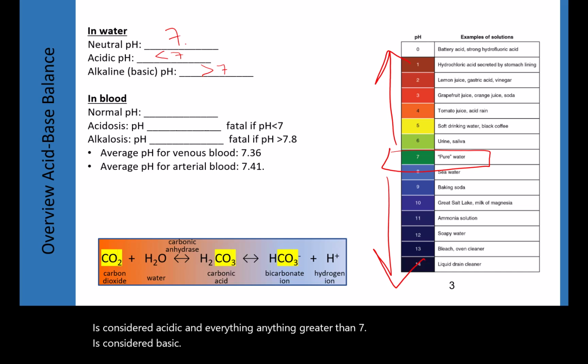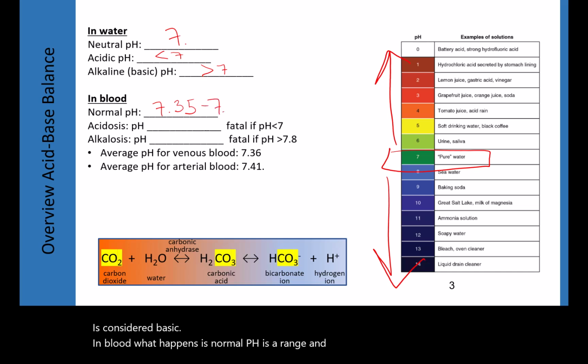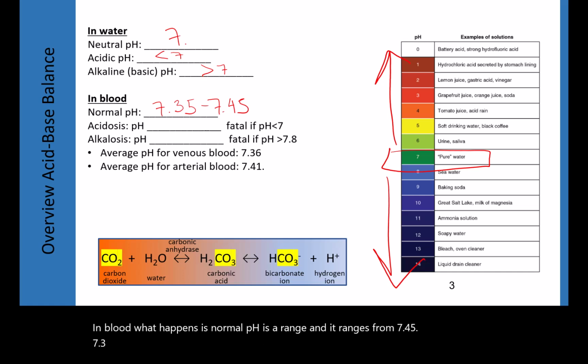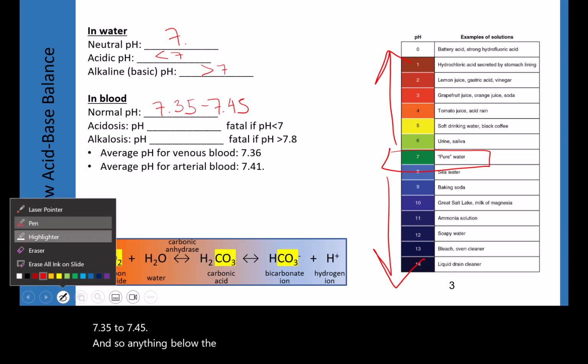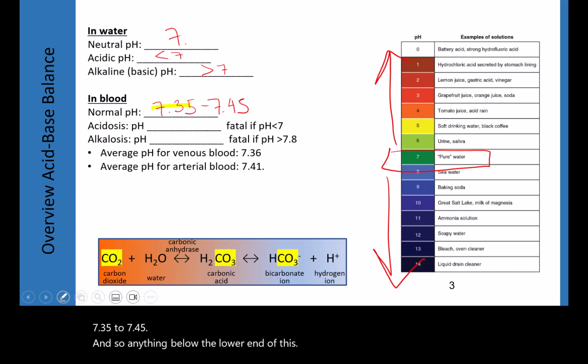In blood, what happens is normal pH is a range, and it ranges from 7.35 to 7.45. And so anything below the lower end of this is considered acidic.